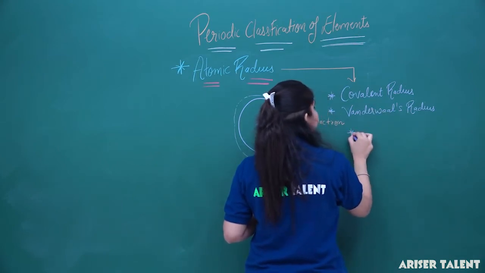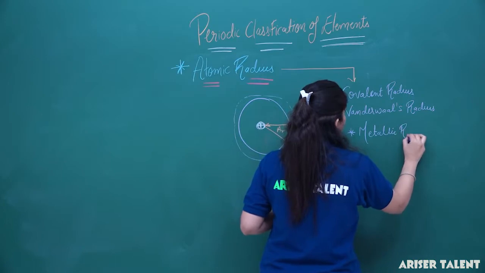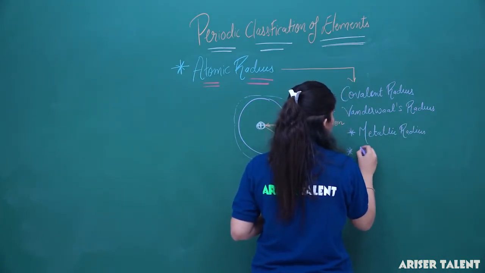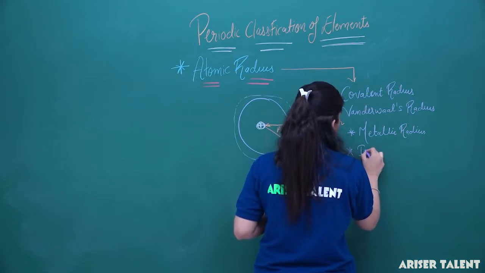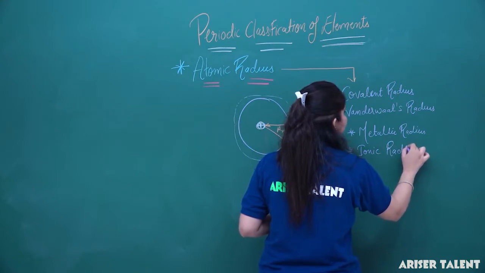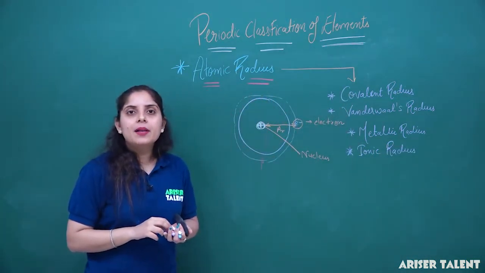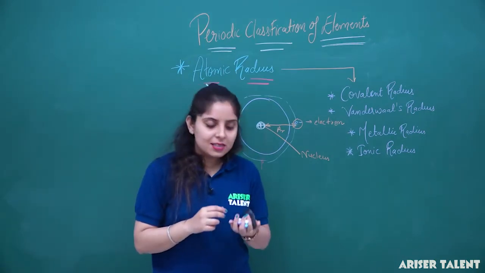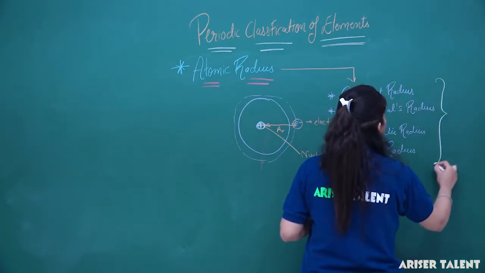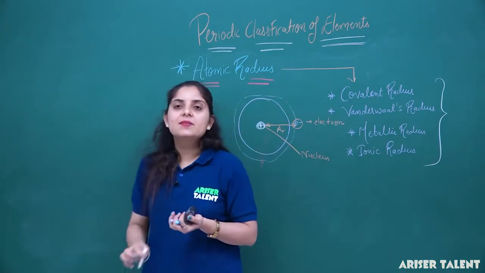Third part we have is metallic radius. And the fourth part we have is ionic radius. So, these are the 4 radii we are going to discuss, and we will see how these radii follow a trend in the periodic table. So, let us deal with all these types of radius one by one. I hope what actually the atomic radius is has been cleared to you.